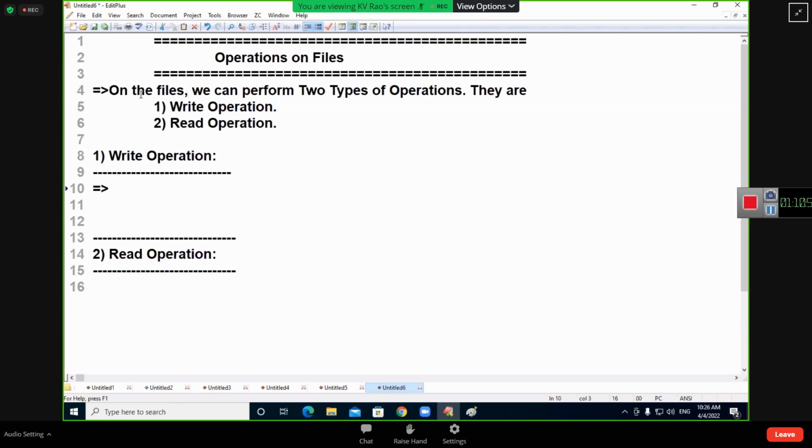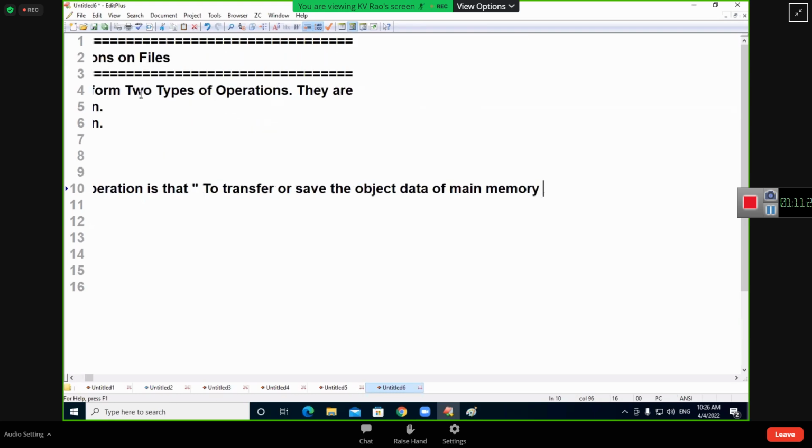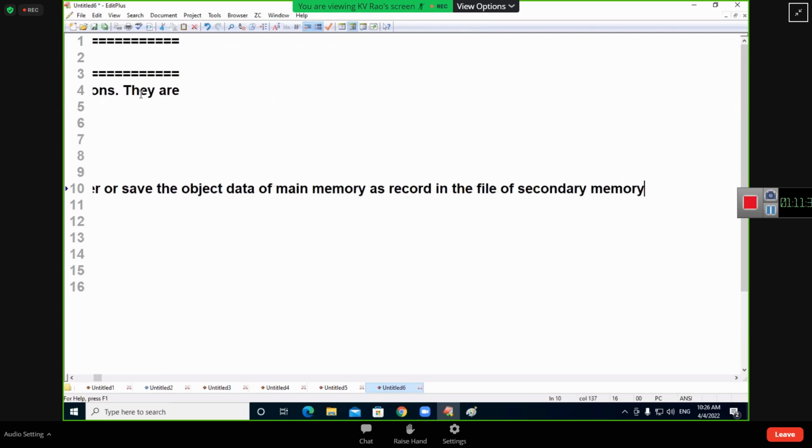So start with this. What is the use of write operation? The purpose of write operation, by this time you must understand, is to transfer or save the object data of main memory as a record in the file of secondary memory.